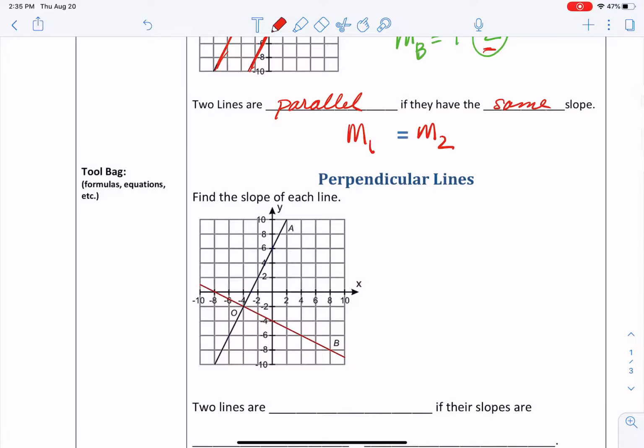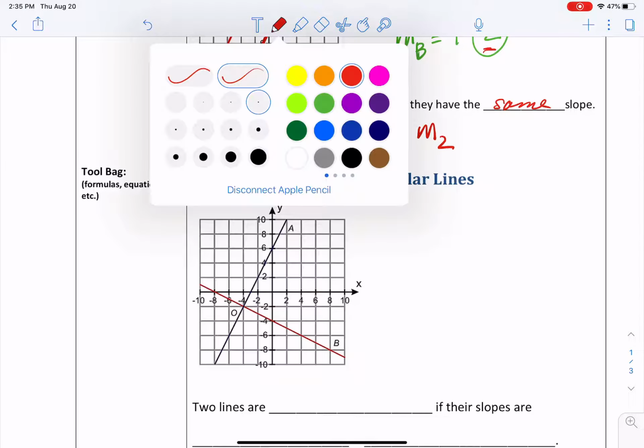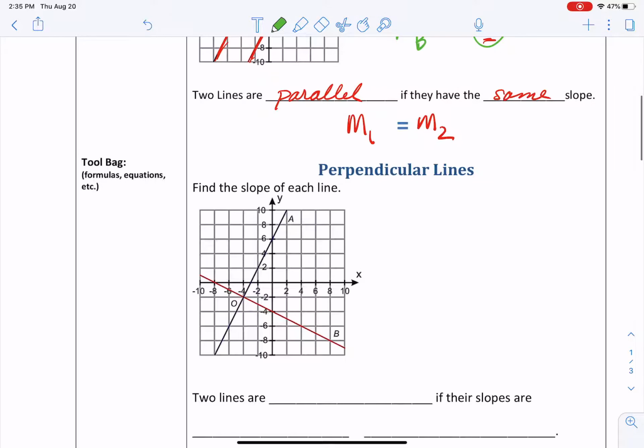So then we talk about perpendicular lines. And perpendicular, remember, means the two things intersect at a right angle. So this is perpendicular.